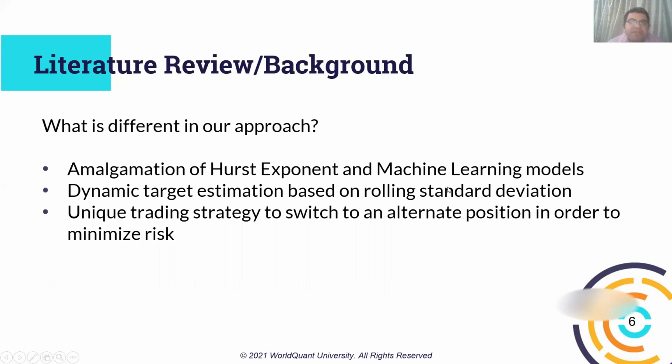So what is different here in our approach? Integration of the Hurst exponent and machine learning models, dynamic target estimation based on rolling standard deviation, and a unique trading strategy to switch to an alternate position in order to minimize risk.